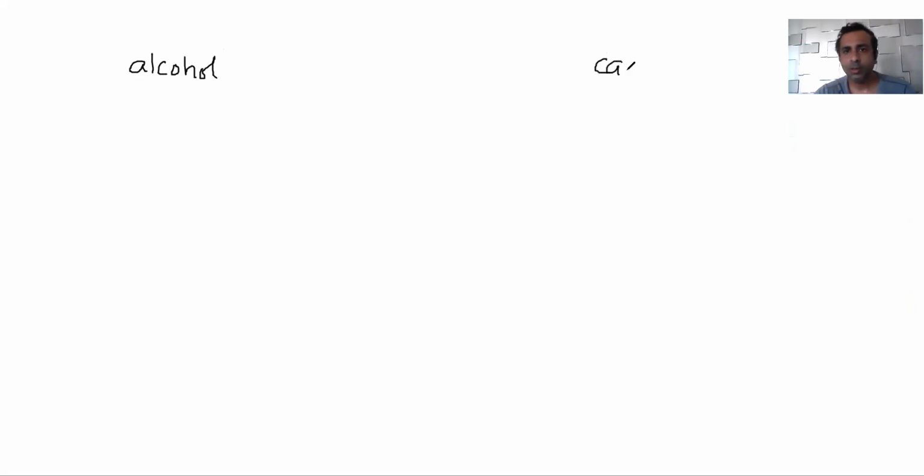Alcohol and carboxylic acid. The general formula of alcohol, as we saw last time, is CnH2n plus 1, and the functional group is OH.